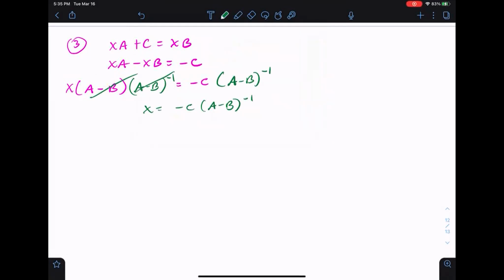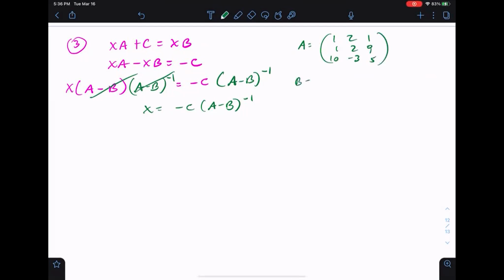Okay, so now what we need to do is find out what those matrices are, which I forgot to put in the beginning. The matrix A equals 1, 2, 1, 1, 2, 9, 10, -3, and 5.